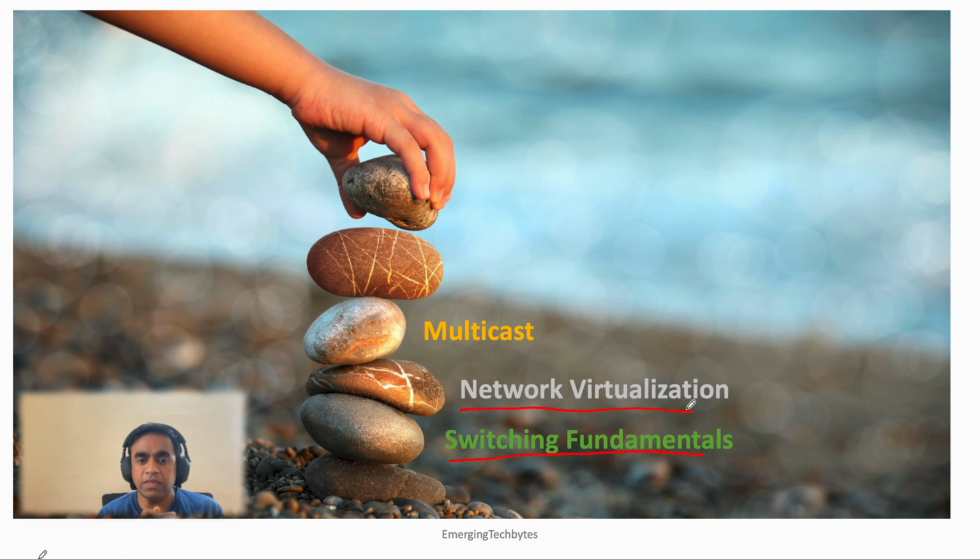Then, as a network engineer, if you are an experienced person, though I am keeping this session at a very fundamental level so that even beginners can understand, there will be a few thoughts here and there which even the experienced user will be able to reconnect with, right?